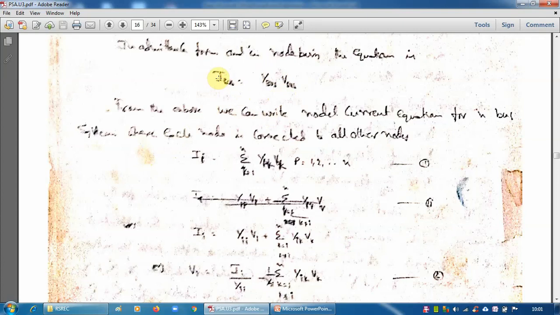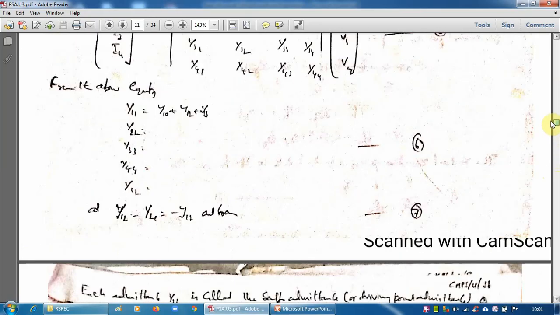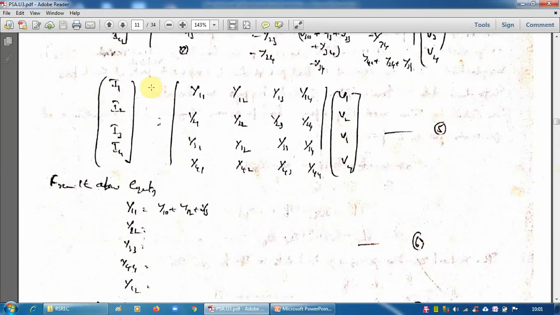Now this equation I have just seen in the upper part, and in this, any one term I1, how it can be written we have seen. I1 equals Y11 V1 plus Y12 V2 plus Y13 V3 plus Y14 V4.